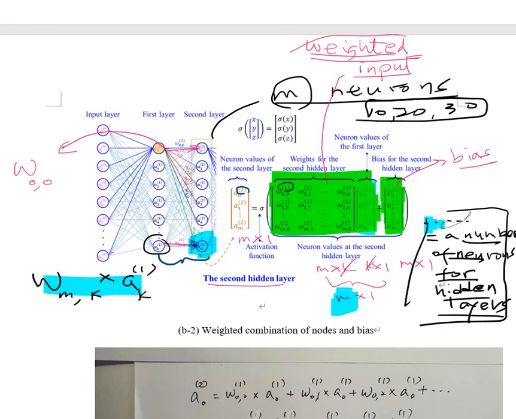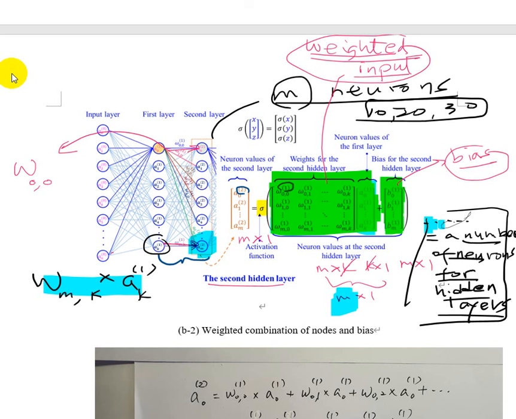So this is weighted input and bias, and these terms simply indicate temporary neural values, because this is before the application of the activation function. Now you're going to apply the activation function.